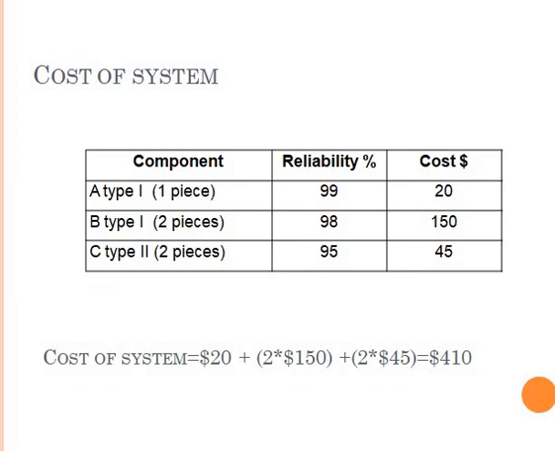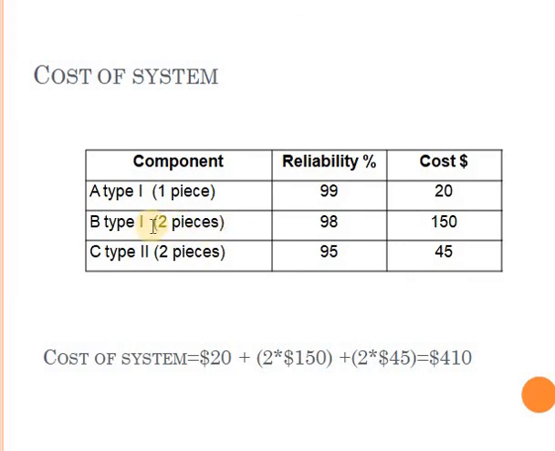Now, what about the cost of the system? Remember that I took one piece of component A at a cost of $20 for the type that had the reliability of 99%. And I chose for B component type 1, which has a cost of $150.